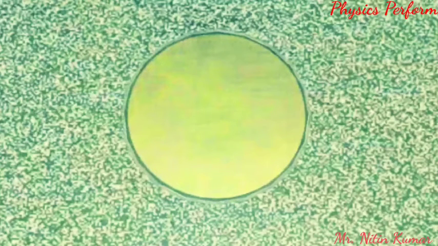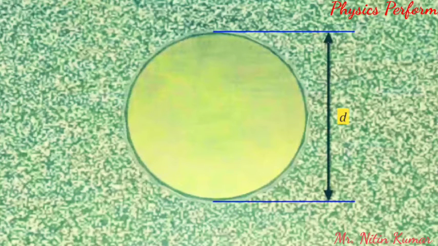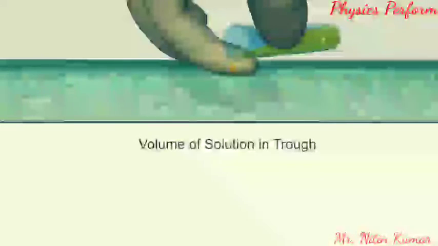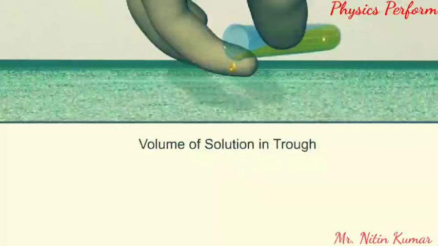Quickly, we measure the diameter of this circular film to determine its area, A. Let the approximate volume of a drop of solution dropped on the surface of water in the trough be V centimeter cube.